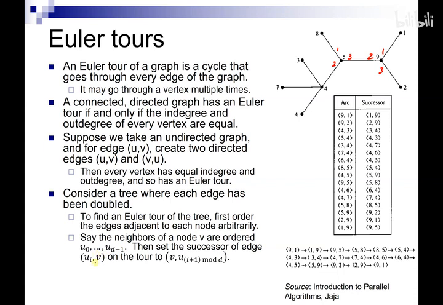If we're coming into V through the ith neighbor, then the next edge on the tour is that we simply leave V through the I plus first neighbor, the next neighbor. However, if we're coming into V through the last neighbor, the dth neighbor, then we're going to leave through the first neighbor. So in general, if we're coming in through the ith neighbor, we're going to leave through the I plus first modulo dth neighbor.